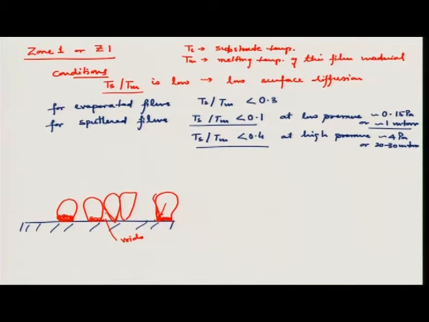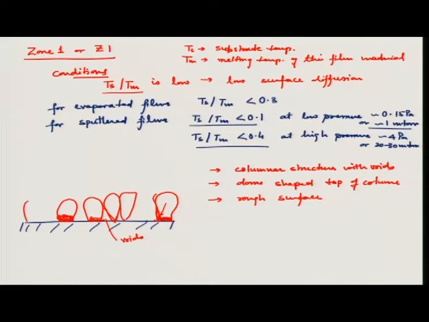So the structure which describes this zone is a columnar structure with voids, dome shaped tops of columns, and a very rough surface.